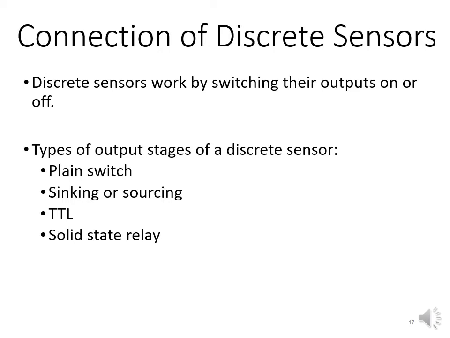Depending on the particular type of sensor, there are 4 ways in which a discrete sensor can be connected to the receiving circuit. These are the plain switch connection, the sinking or sourcing connection, the TTL connection, and the solid state relay connection.